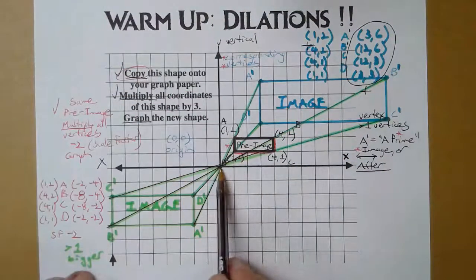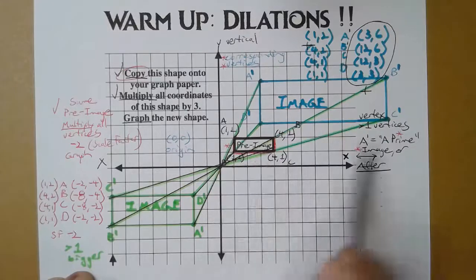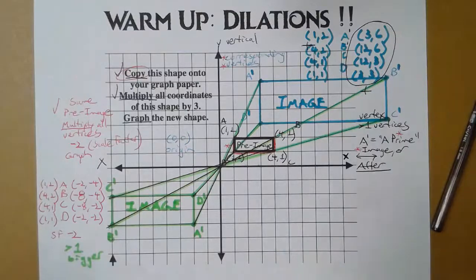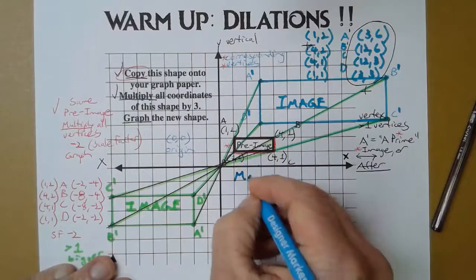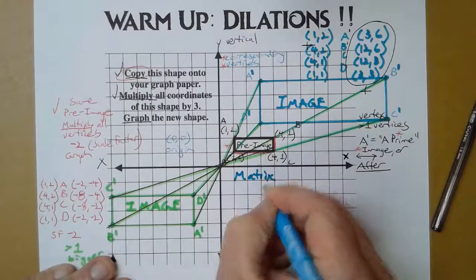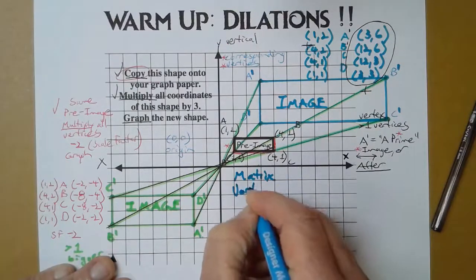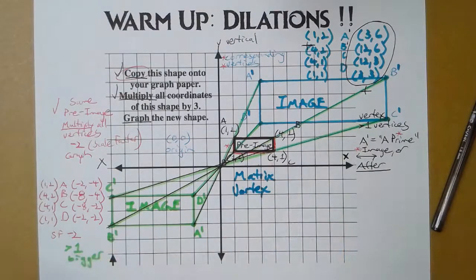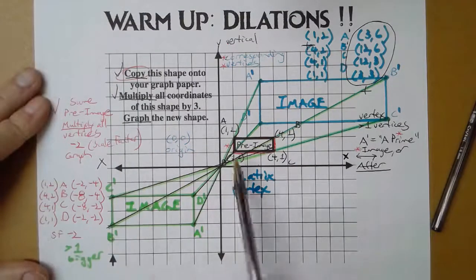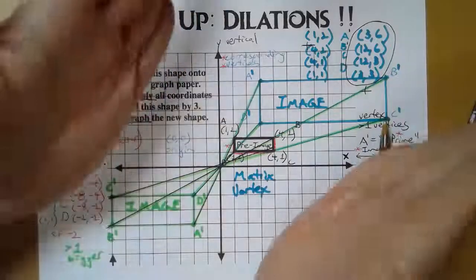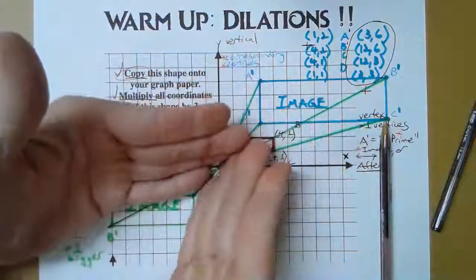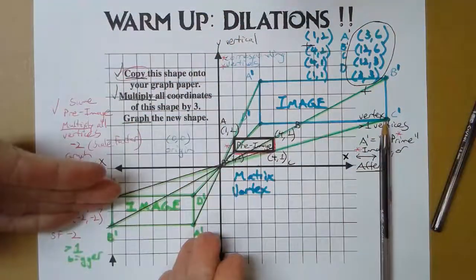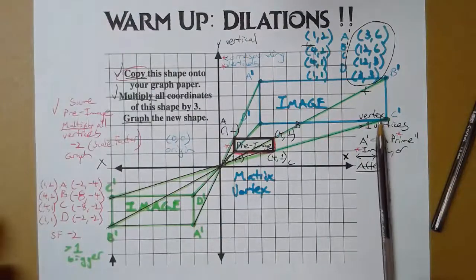So if we use the origin as like this vortex, the matrix pass-through point, it's a wormhole into a different dimension of space. I don't know, but check this out. The negative sign took the pre-image, sucked it in through the origin, and spit it out the other side in a slightly different orientation.